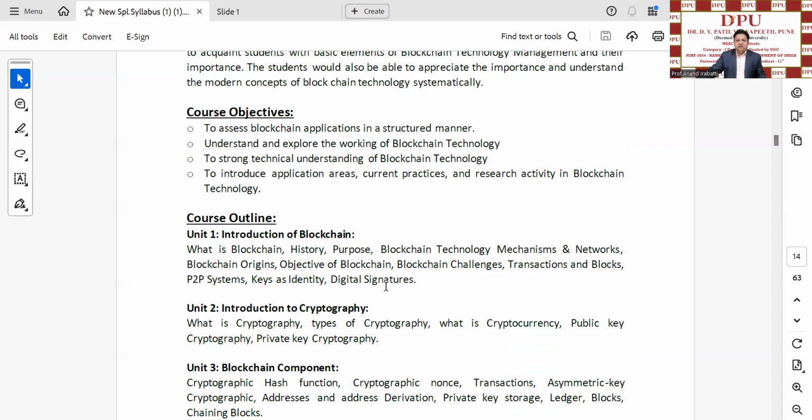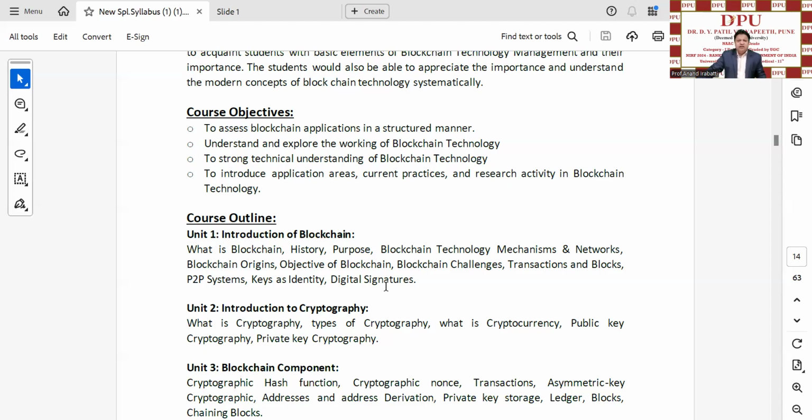Here in this unit, you will understand what is blockchain, what is the history of blockchain, how blockchain has evolved, what is the purpose of blockchain technology, what is the mechanism behind the blockchain technology, and how the network operates, what do you mean by blockchains, what do you mean by transaction, what are the challenges of blockchain technology, what do you mean by the P2P system? What do you mean by key as identity and digital signatures?